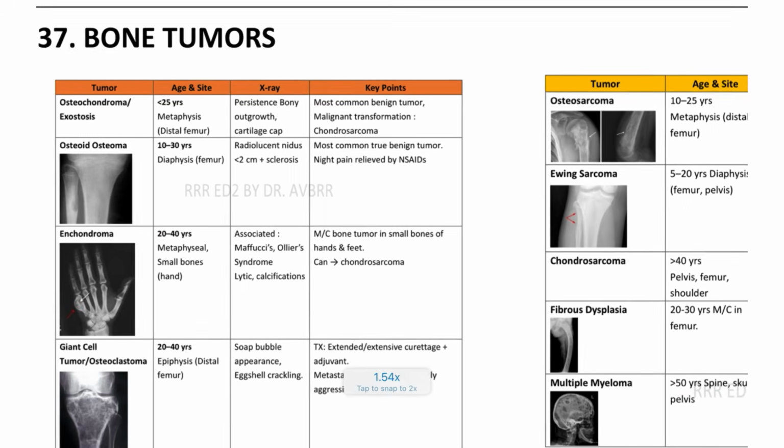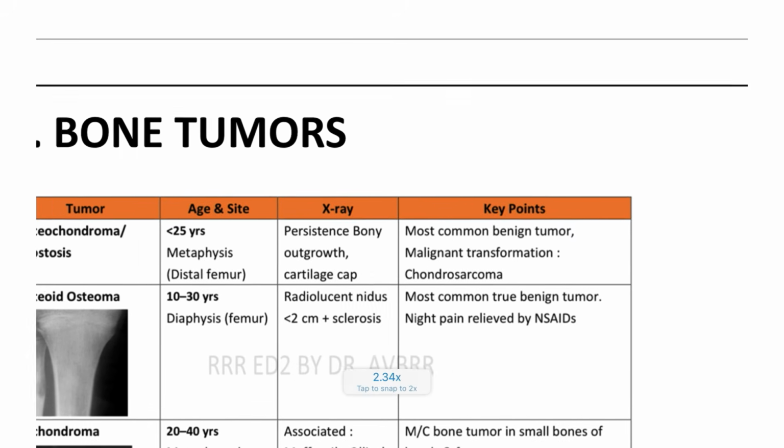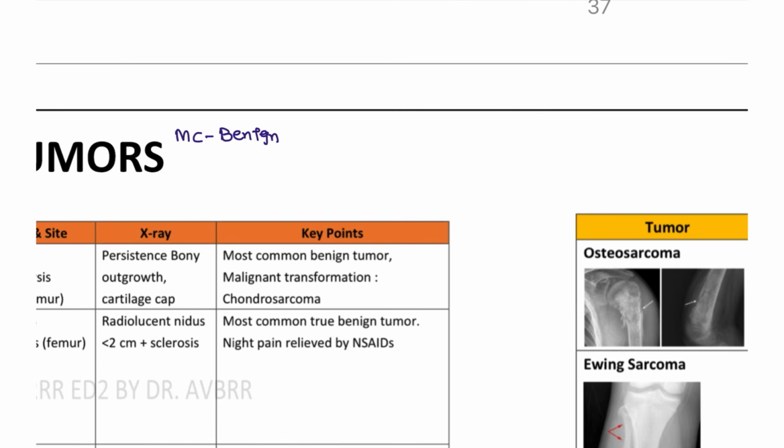Next, moving on to the bone tumors. In the bone tumors, as we discussed, what is the most common benign tumor? Most common true benign tumor. If they ask what is the most common benign tumor, osteoid osteoma. Next, most common true malignancy: this is the osteosarcoma.